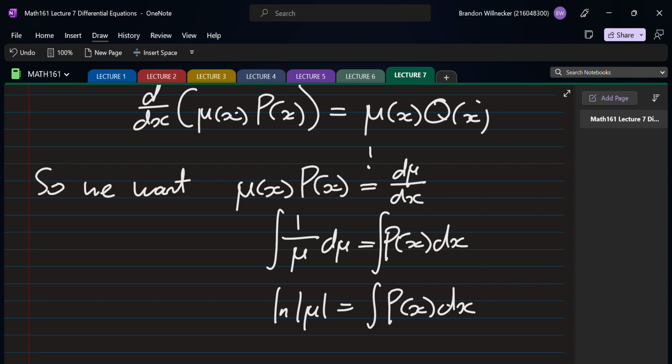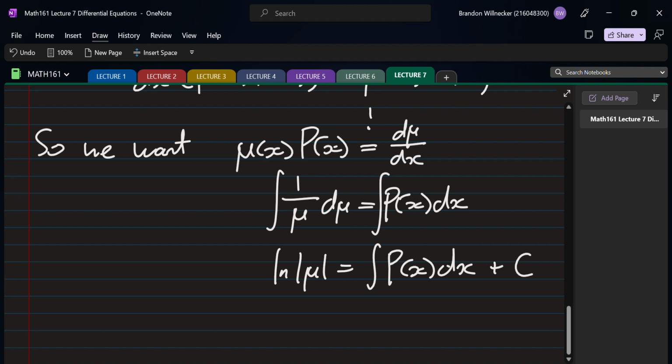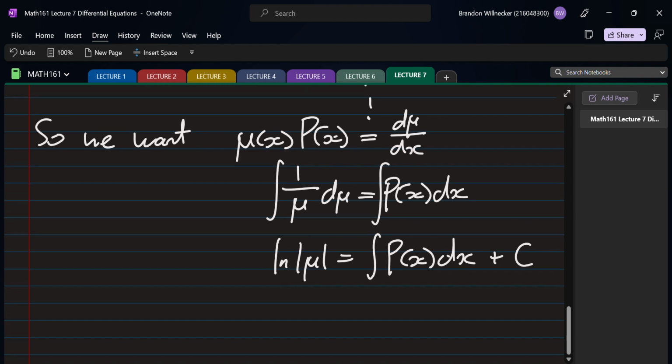Usually we have a plus c, but we can leave that out, and we'll see now. So let's see what happens if we do add a plus c, and then we'll see that we don't actually need to put that in.